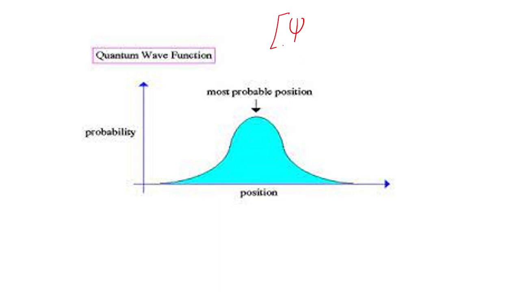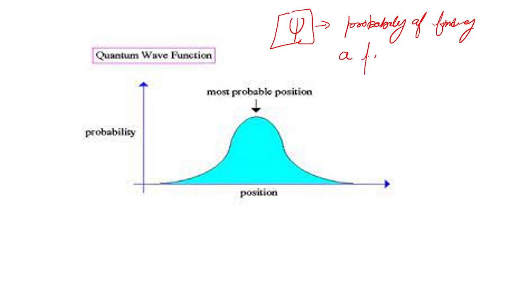So you have seen what this psi is. How can we define it? It represents the probability of finding a particle in a particular region.